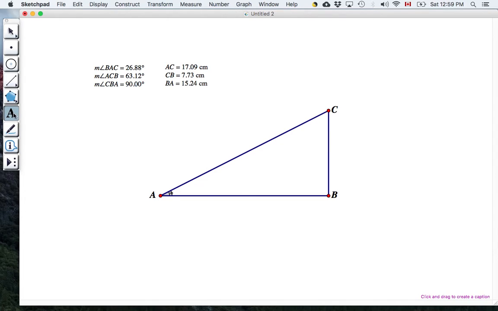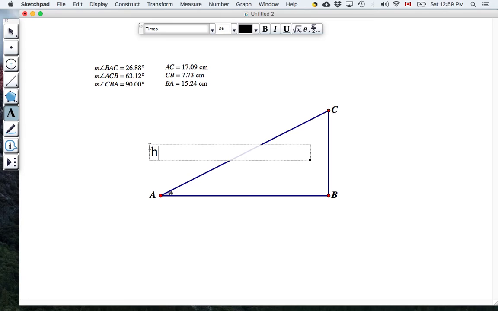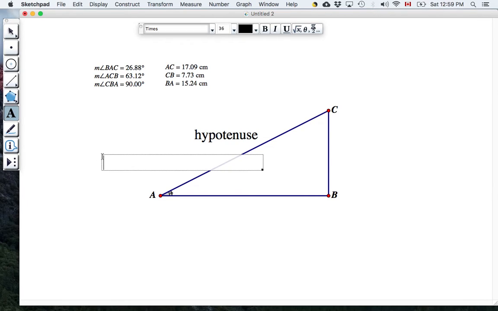So I can click on my text tool here to label the hypotenuse. And that is the longest side and opposite the right angle. Then I'm going to label the opposite side.